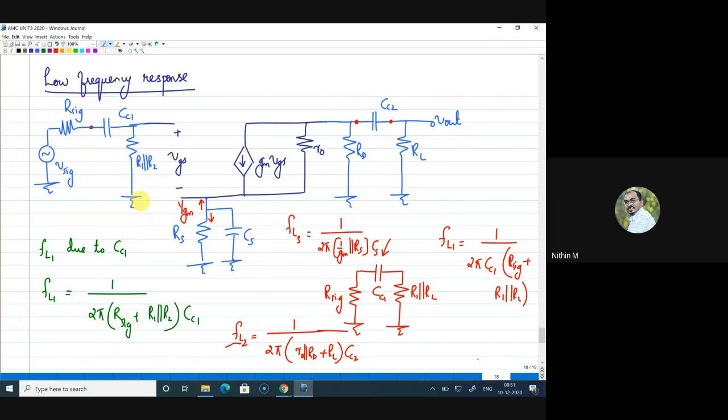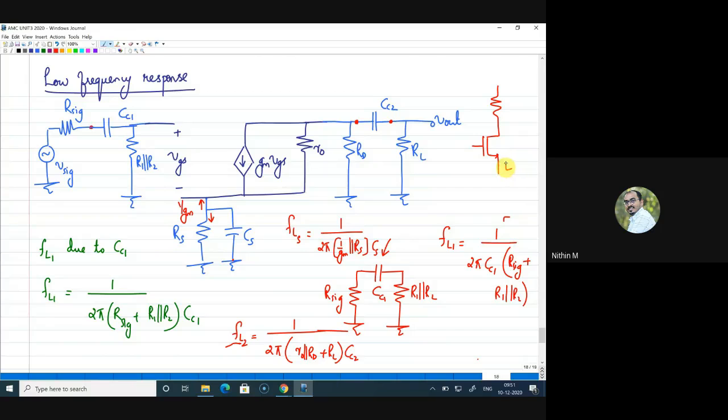Yeah, that is a good question, Subramanian. So looking into source, the actual resistance is 1 by GM parallel to R0. In this case I have just neglected it. You can take it as 1 by GM parallel to R0 also.